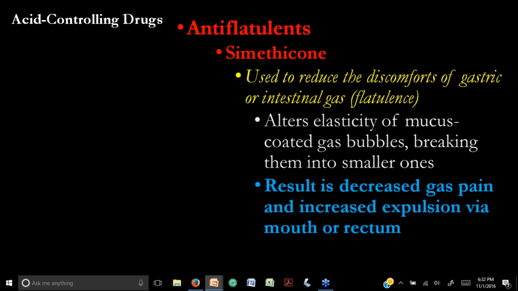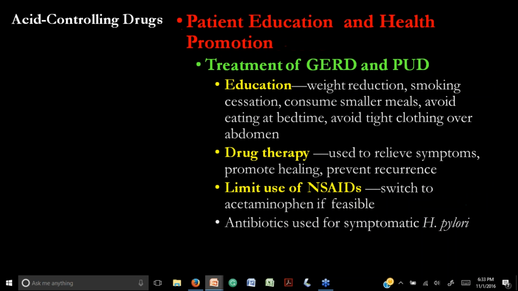What the simethicone does is make the gas into small bubbles that are easy to expel from the upper GI tract and the lower GI tract. Okay. So it results in decreased gas pain and increased expulsion via the mouth or the rectum. All right.